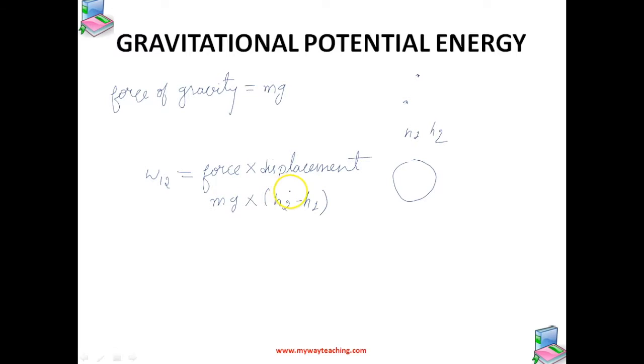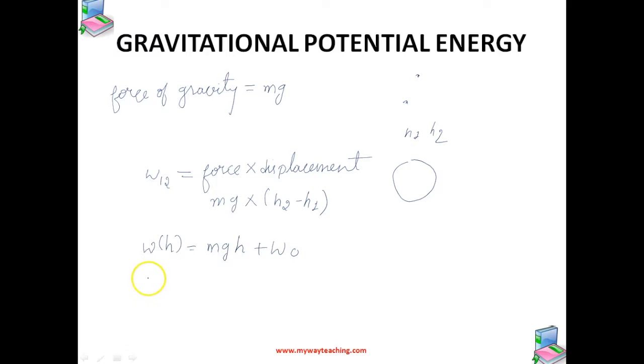If we associate a potential energy W of h at a point at a height h above the surface of the earth, then the potential energy is equal to mgh plus W naught, where W naught is a constant.